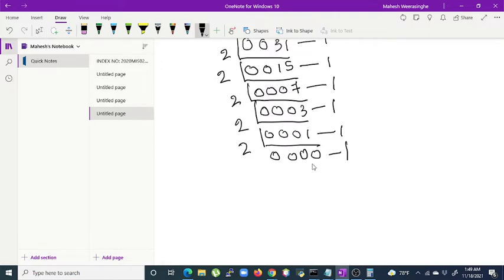We start from this 0. Actually, it does not have any value, but I'm writing it because that is standard.